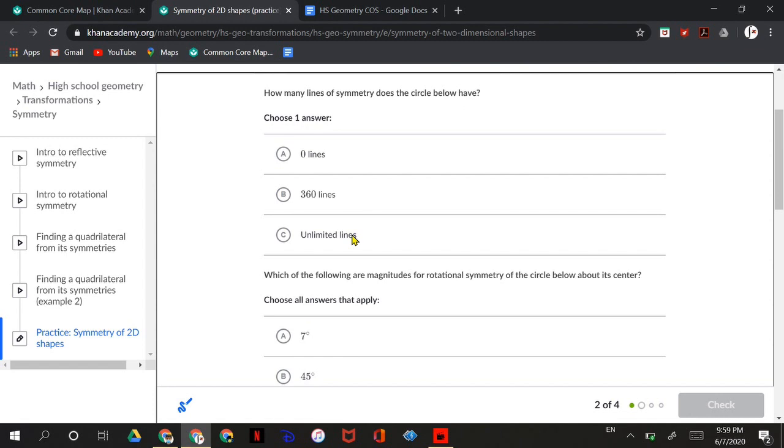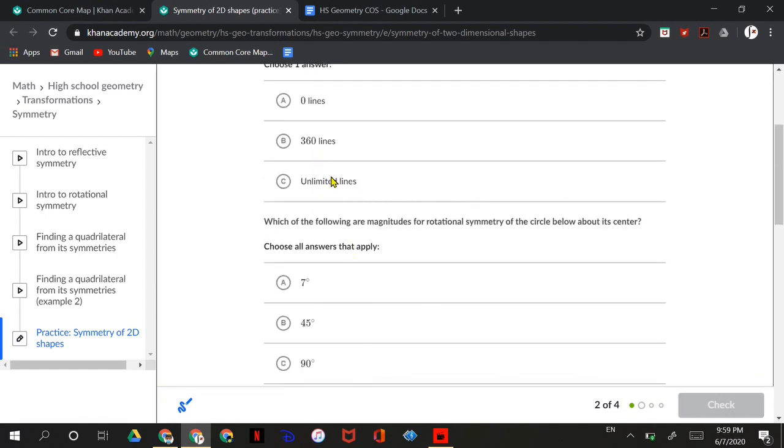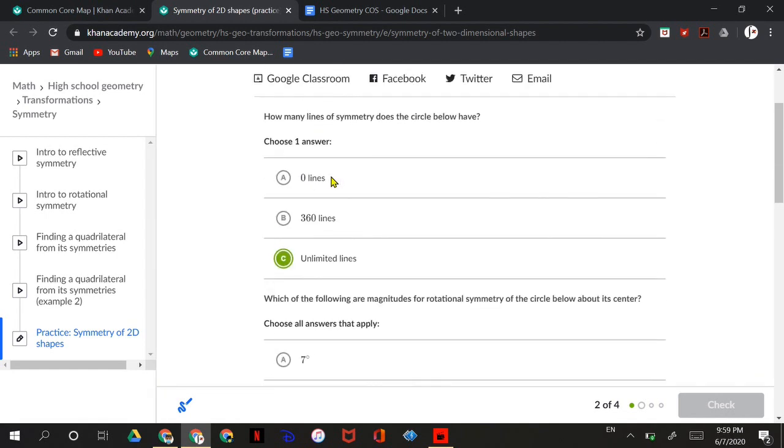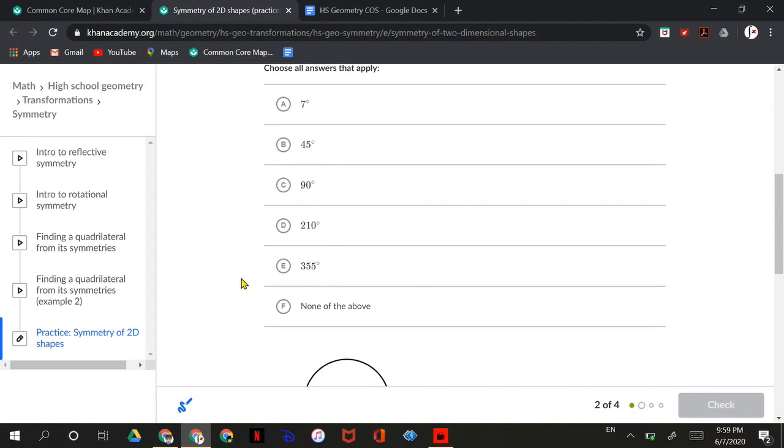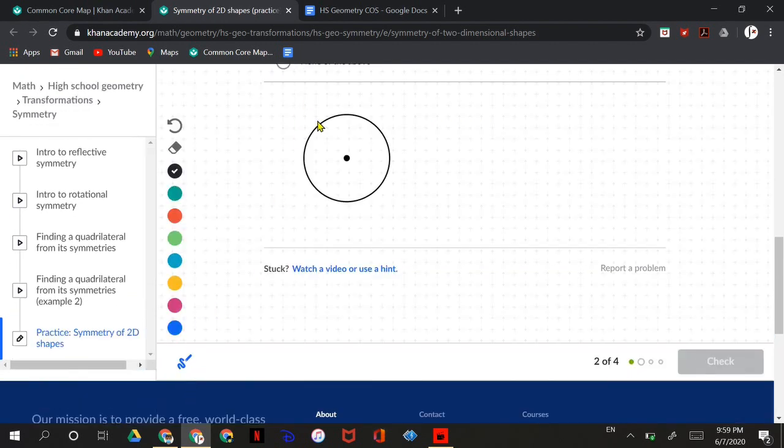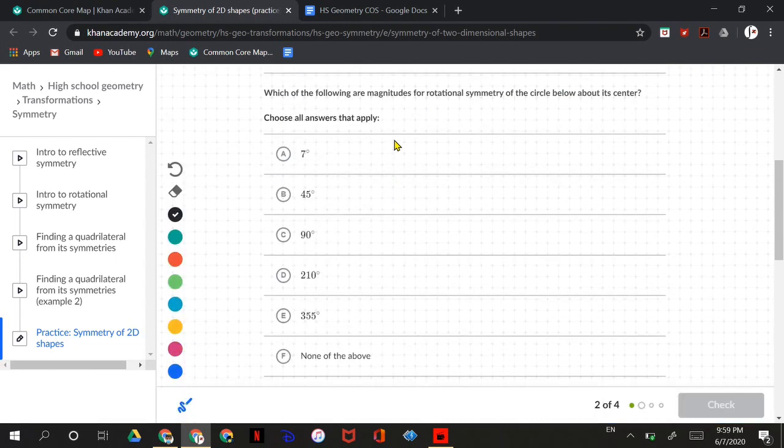Okay, how many lines of symmetry does this circle below have? Infinite, or ultimate lines, because no matter where your line of reflection is, it should always be able to reflect onto itself. What is the magnitude for rotational symmetry? Well, this is pretty simple.